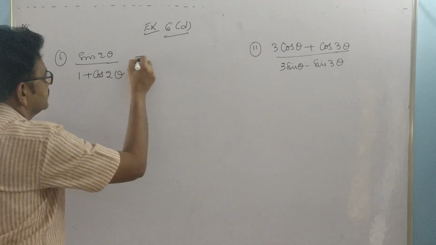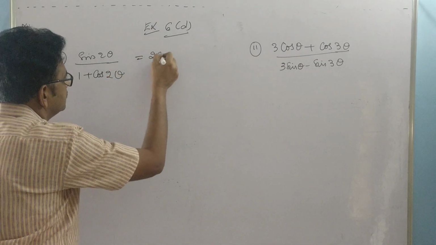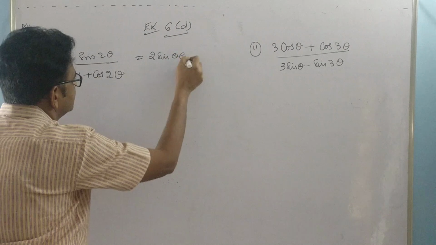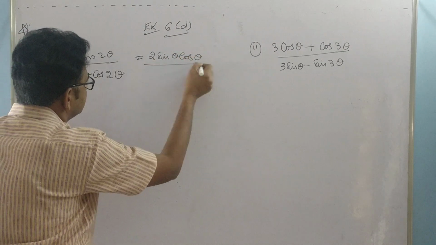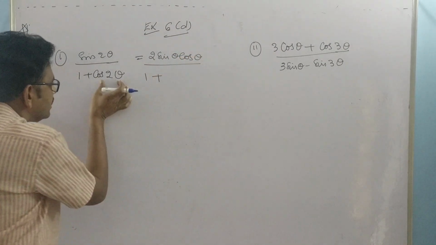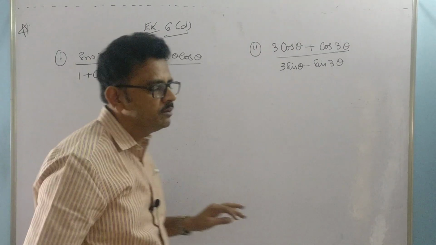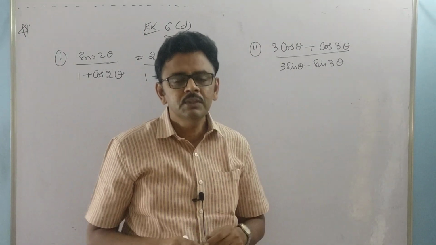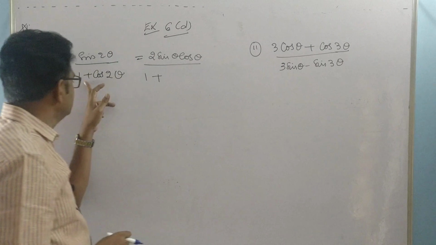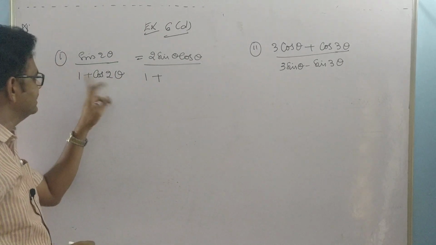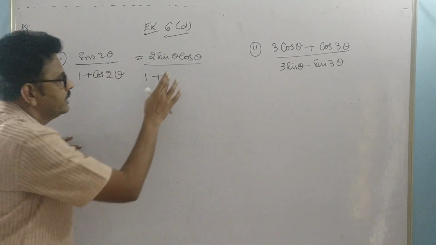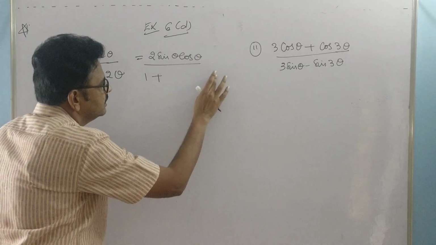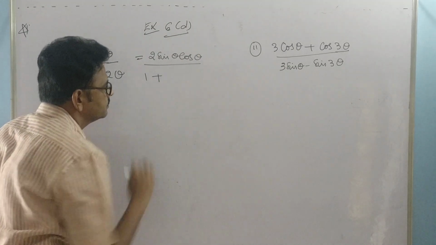First problem, sin 2 theta formula, 2 sin theta into cos theta by 1 plus cos 2 theta. There are 3 formulas for cos 2 theta, so which is suitable? There is a 1 there, you can write the formula in which the 1 gets cancelled. If you write 1 minus 2 sin square theta, there is no use, 1 plus 1 is 2.